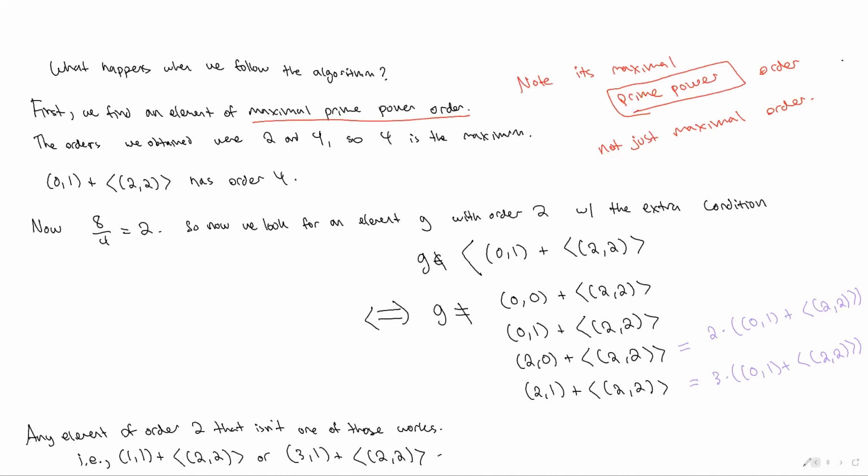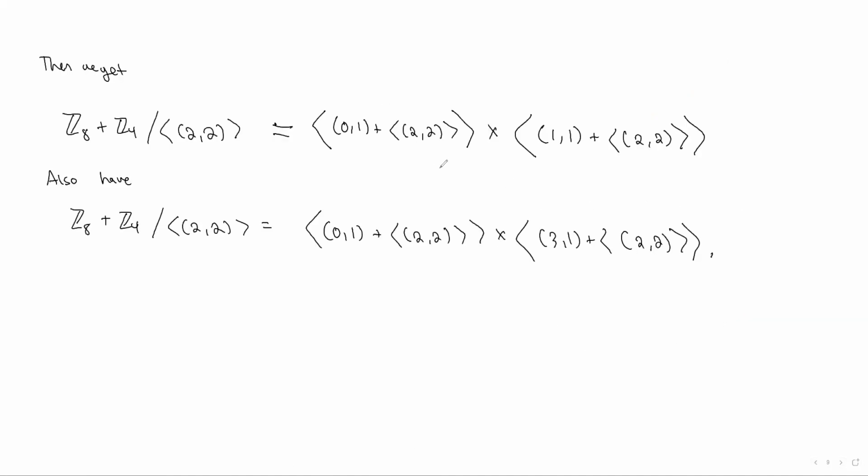And I think I forgot to write something. When I'm writing this internal direct product, I should say that the first thing in the product is isomorphic to Z4, and the second thing is isomorphic to Z2, because the first one had order 4 and the second order 2. So we do end up getting that it's isomorphic to Z4 plus Z2.